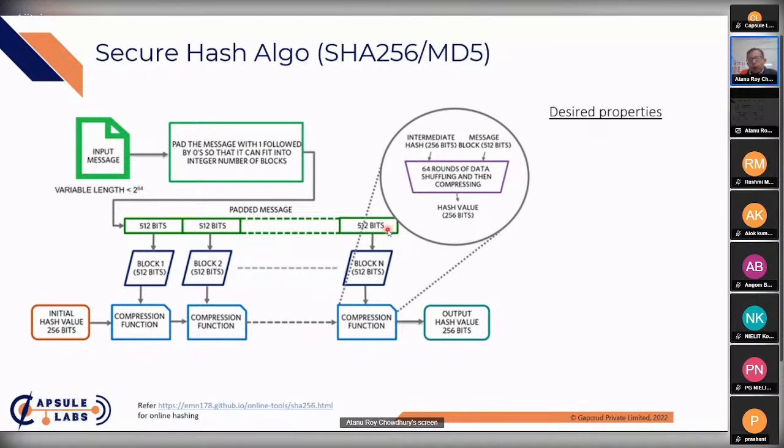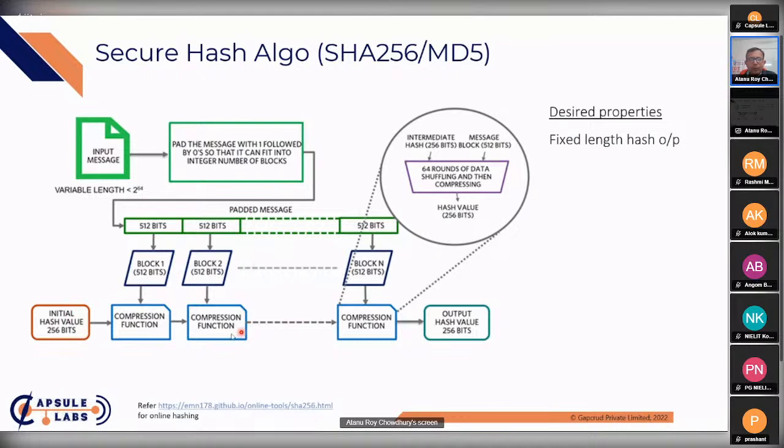So what would be the desired properties of such a secure hash algorithm? A fixed-length hash output, right? I would want it to be a fixed value so that this hashing mechanism can be iterative.